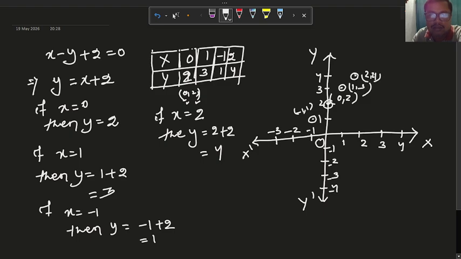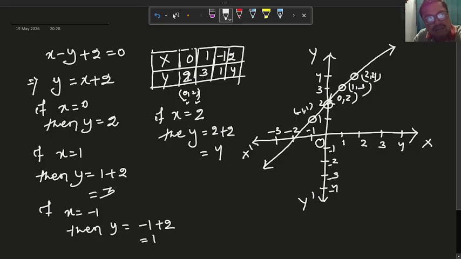Clear? I hope all understand it. Then if we connect these 4 points, there will be a line.